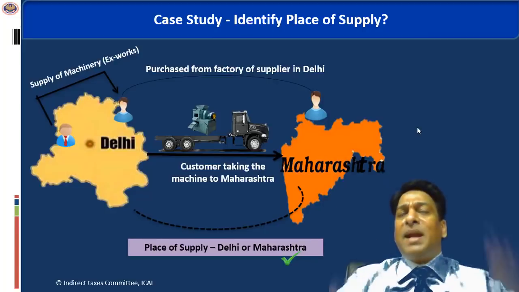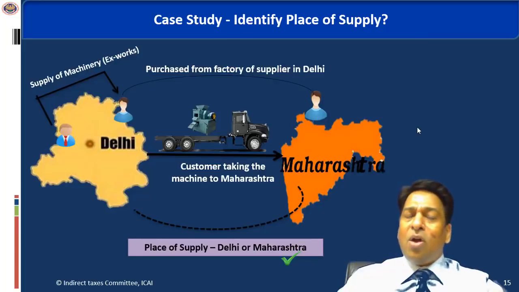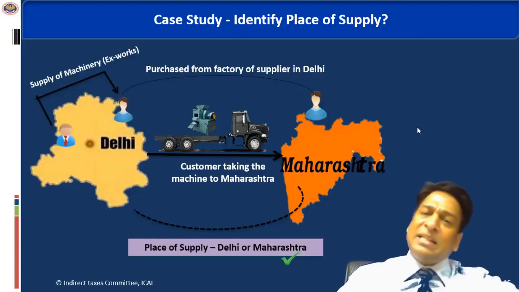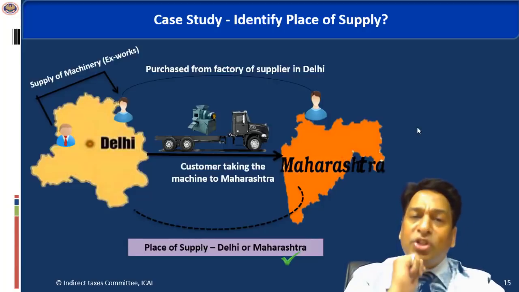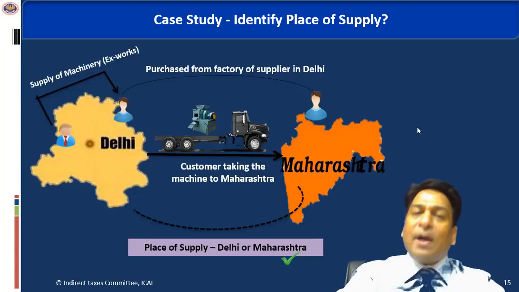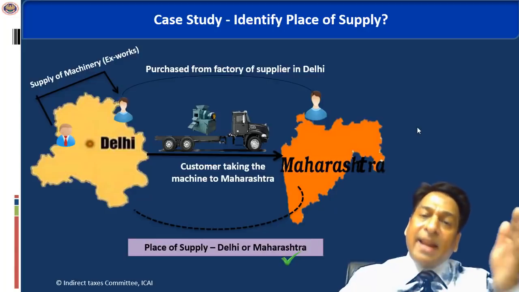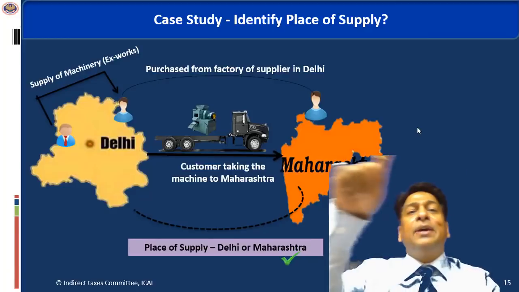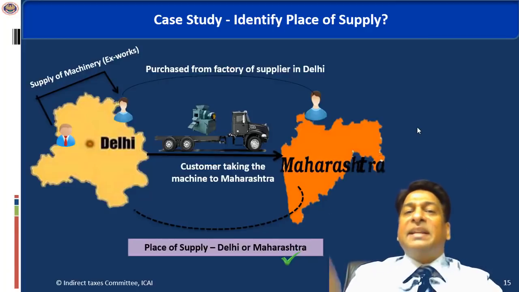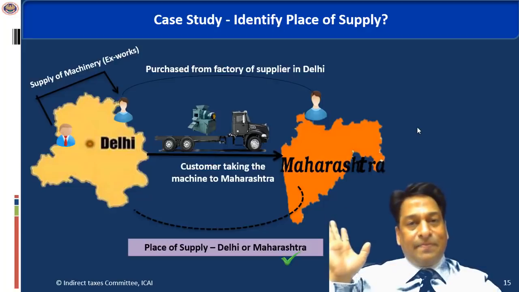Please apply your mind. Intra or inter? And let me add further. Let's say it is FOR destination. And FOR destination means the supplier undertakes delivery of goods from Delhi to Maharashtra at the customer's premises.